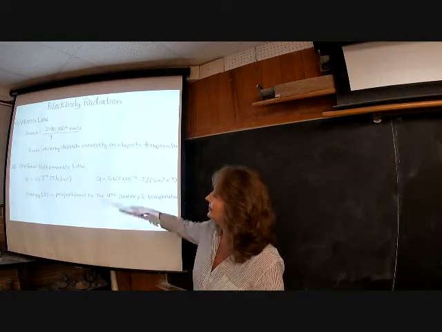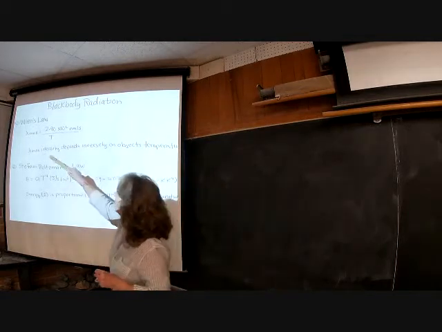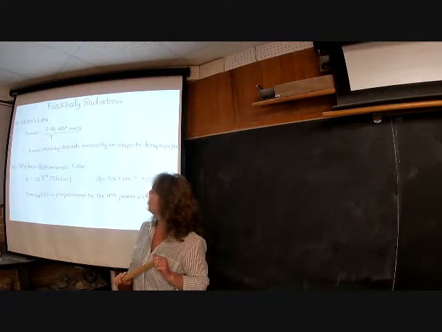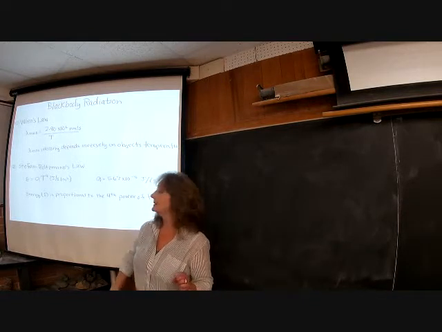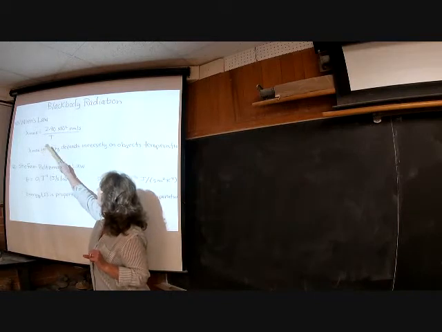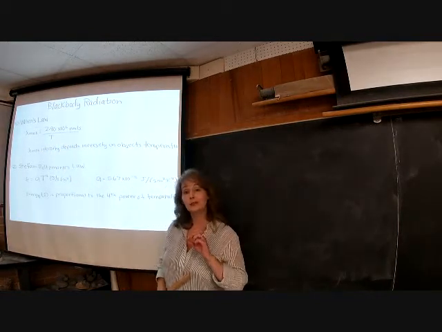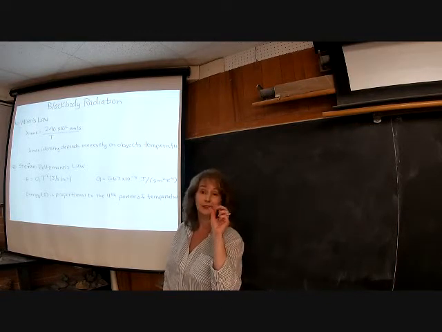So Wien's law, that first one up there, and again, these are in the back of your book. That little lambda, the upside down y, is lambda, and then max. So wavelength of maximum intensity is what that stands for. Here we have a constant, 2.90 times 10 to the 6 nanometers Kelvin. Nanometers, very small. That's a good unit for a wavelength.